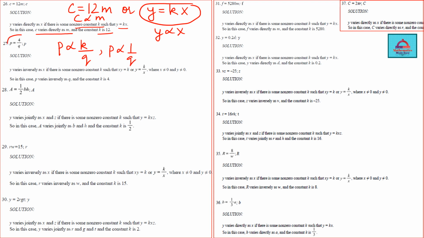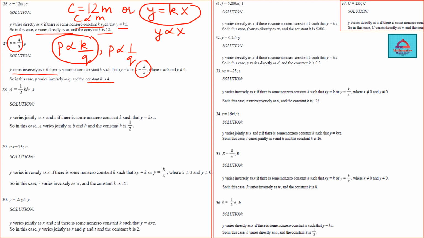If you compare P equal to 4 by Q with P equal to k over x, you know the value of k is going to be 4. So the constant here is 4, and y is varying inversely as x, because you have the non-zero constant k equal to 4, such that you can write y is equal to k over x. So this is inverse variation.